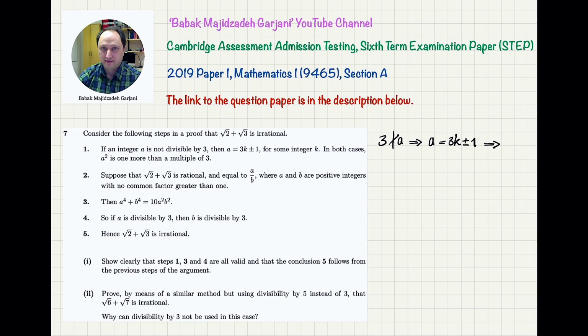Then we realize that a becomes congruent to plus or minus 1 modulo 3, and then this means that a to the 2 is congruent to 1 modulo 3, and this also means that a to the 4 is also congruent to 1 modulo 3.